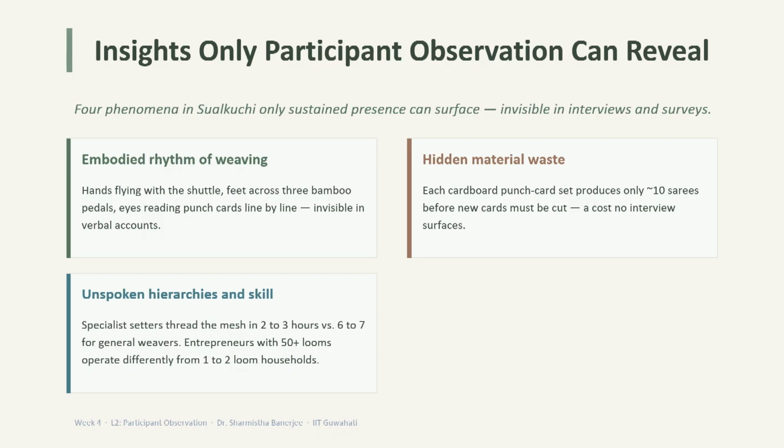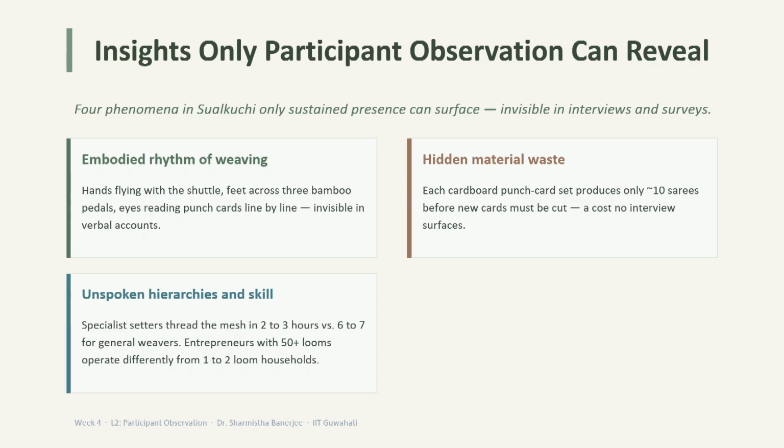The unspoken hierarchies and skill. When we would ask in surveys and interview questions how much time somebody takes to set up the loom, we would get very varied results. Only after doing participant observation for a week, we realized that there are different kinds of loom setters. The specialized setters require only 2 to 3 hours, whereas the others take about 6 to 7 hours.